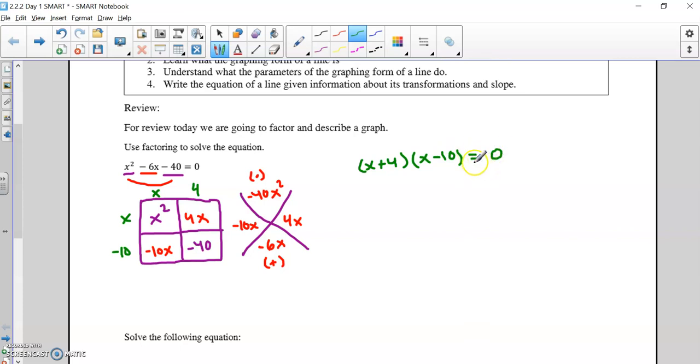But because it's equal to 0 and our goal is to solve it, you have to go that extra step of actually solving for x. It's just a basic zero product property step, but sometimes people tend to forget it. Here, if we solve this part, we get x equals negative 4, from subtracting 4 on both sides, and here we get x equals 10 from adding 10 to both sides.